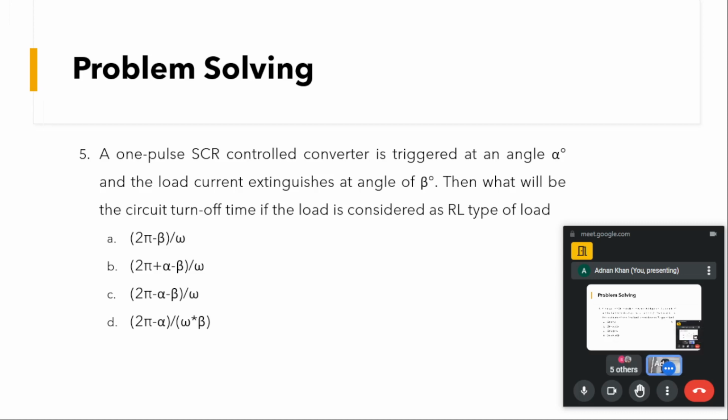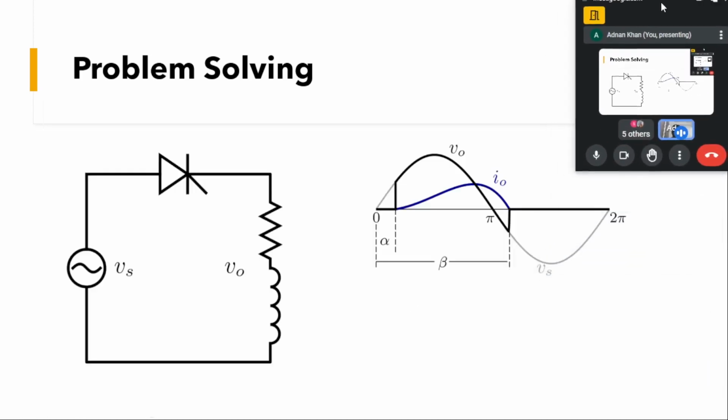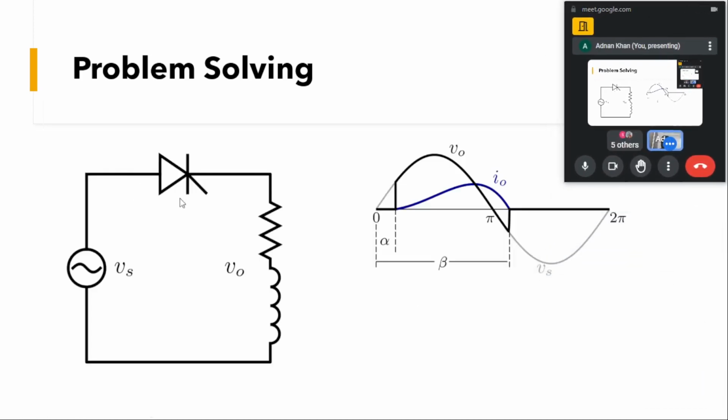Here what is given is a single pulse SCR circuit. We know the device will start conducting the moment we give it a gate pulse, that is given at this alpha.